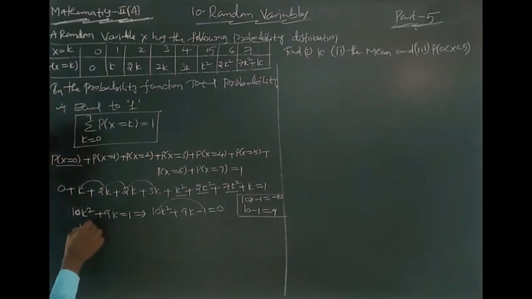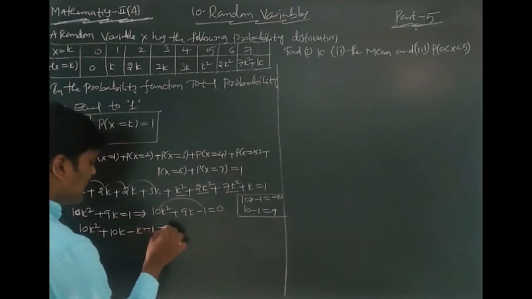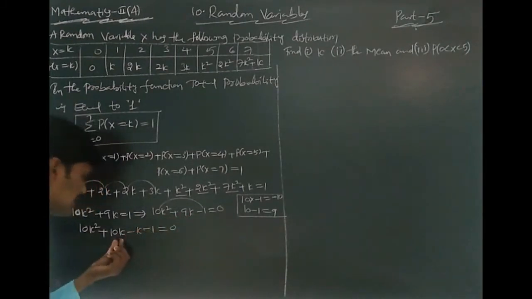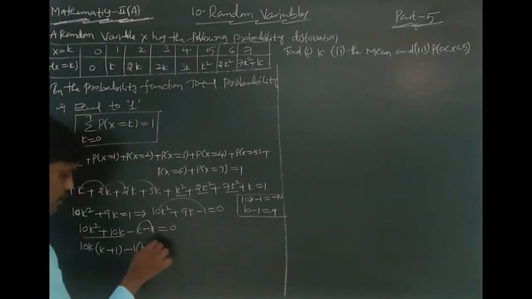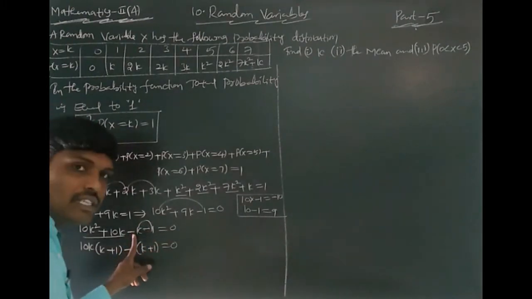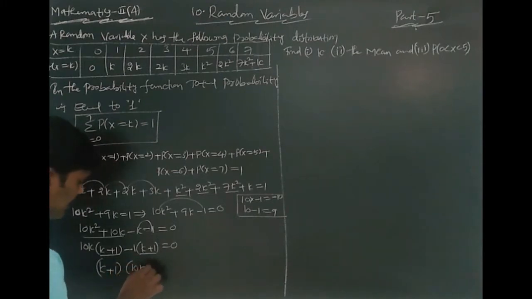That's what we can write: 10k square plus 10k minus k minus 1 equal to 0. The 9k splits as 10k minus k. In these two terms, 10k is common, giving k plus 1. In these two terms, minus 1 is common, giving k plus 1. Now in these two terms, k plus 1 is common. You get k plus 1 times 10k minus 1 equal to 0.